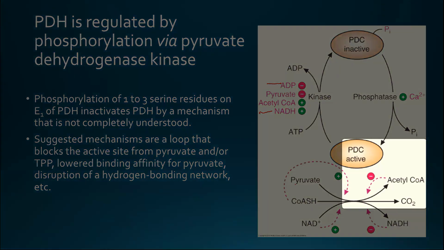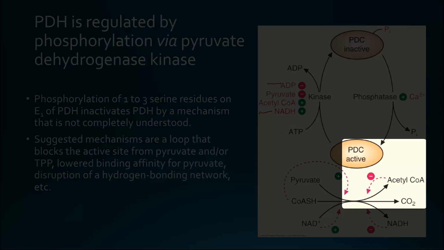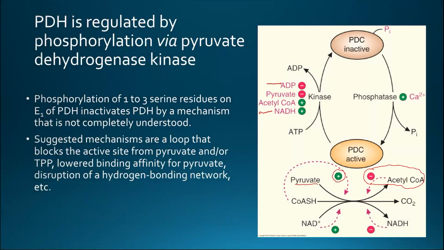Similarly, if there is already a large amount of acetyl coenzyme A, then there is not necessarily a need for pyruvate to produce more acetyl coenzyme A, so it makes sense metabolically for acetyl-CoA to be an inhibitor of this same pyruvate dehydrogenase complex. The pyruvate dehydrogenase complex is also regulated by phosphorylation.